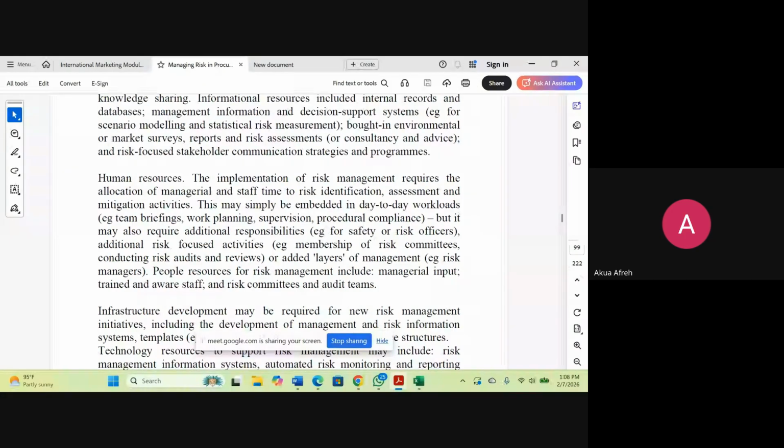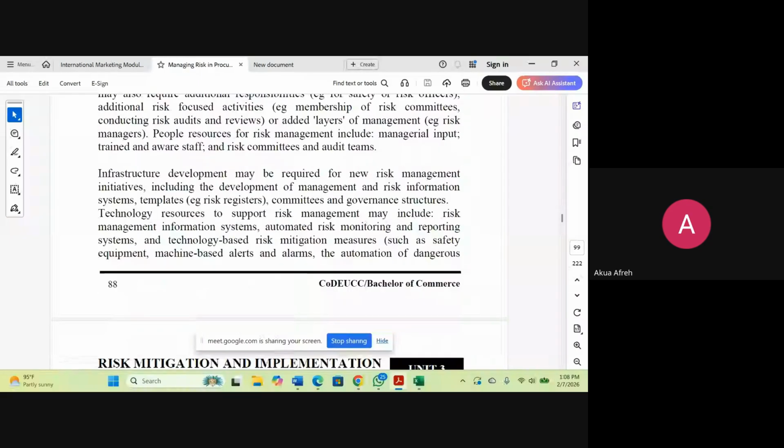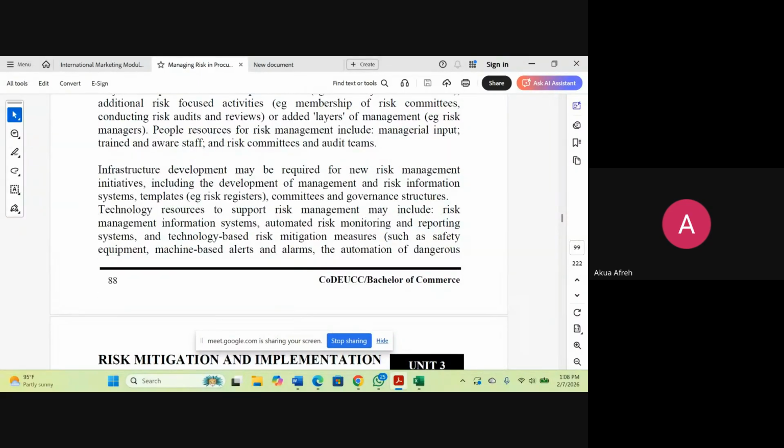Then we talk about the infrastructure development. The infrastructure development can be technology, technological resources, or support.